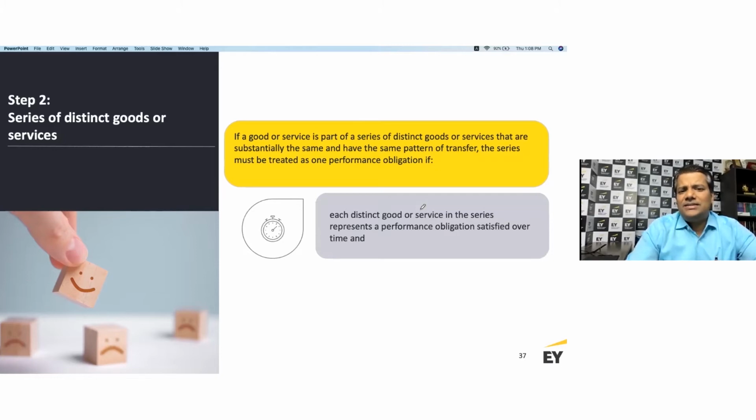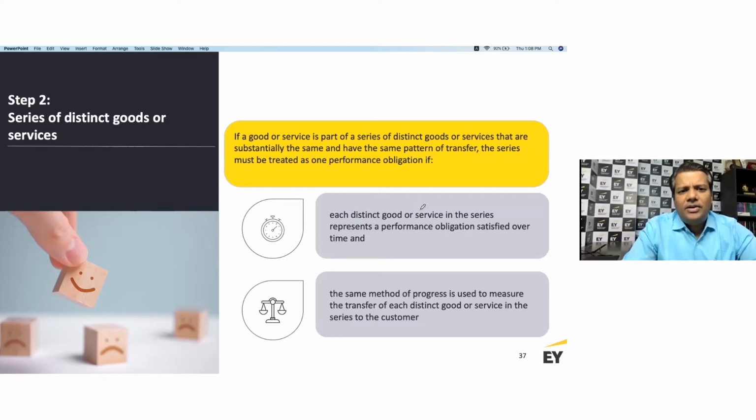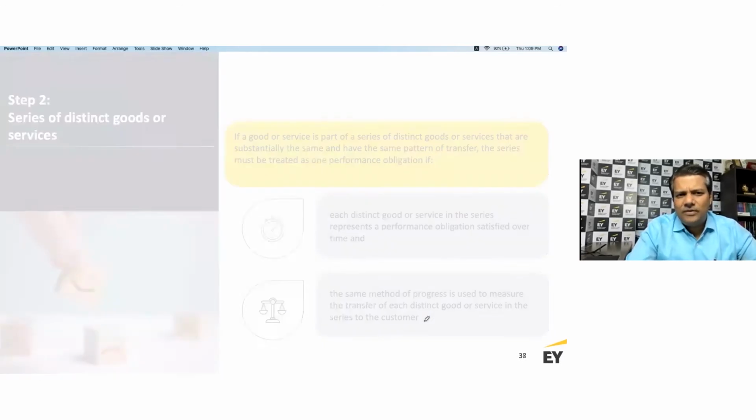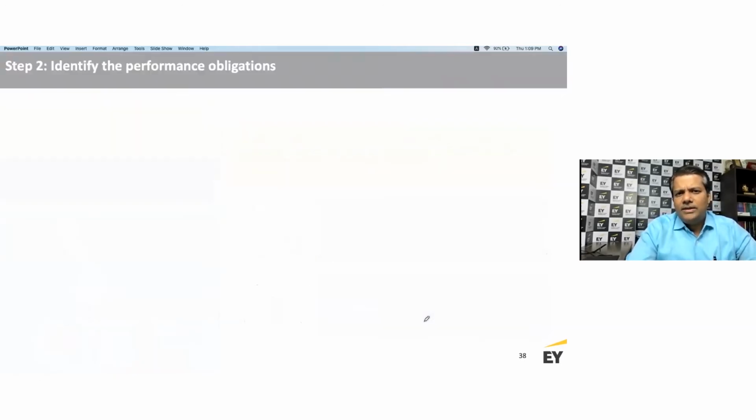Like the telemarketing arrangement where I undertook a contract to make 1 million calls. Each call is unique in its own way, but they have the same pattern of transfer, so the series is one single performance obligation. The same method of progress is used to measure the transfer of each distinct good or service in the series to the customer.